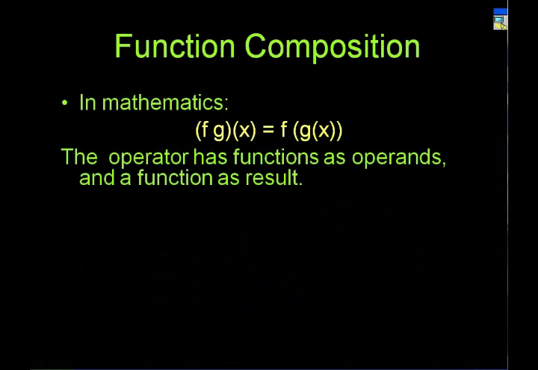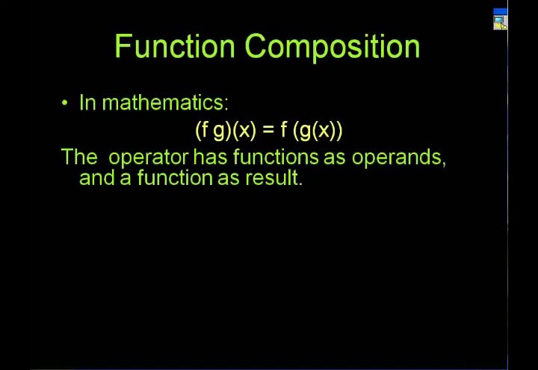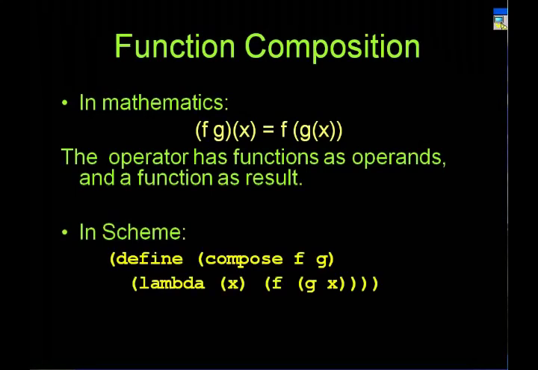All right, and so another example we're going to talk about today is functional composition. In math you've seen this thing, f of g of x. So essentially, the operator takes functions as operands, and the result is a function. We have a simple way of doing this. It's called compose.